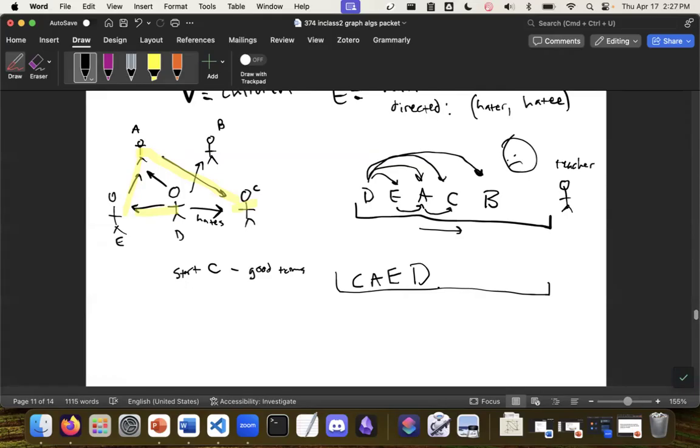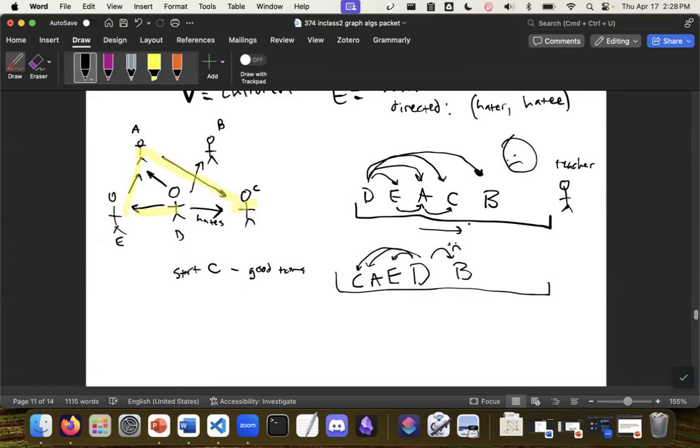Okay, so we're almost done with our line where we've got, so D hates all these people. And then we've got B left. But if we put B here, then, oopsie.